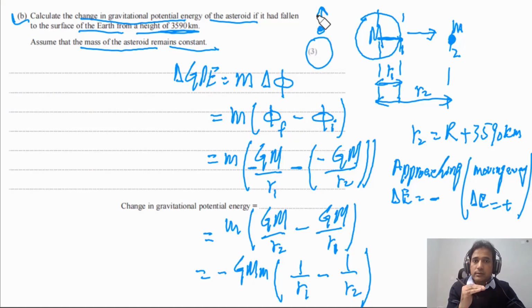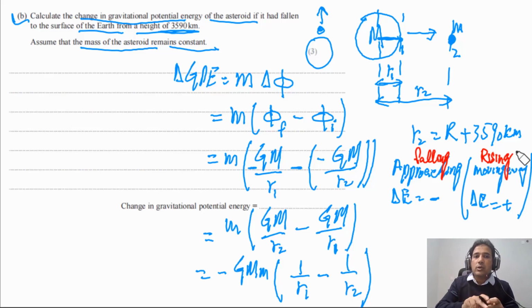If it is falling, the change in potential energy is negative. So in this case it is falling. That's the point you need to understand. Approaching means falling, in simple language, and moving away means rising.